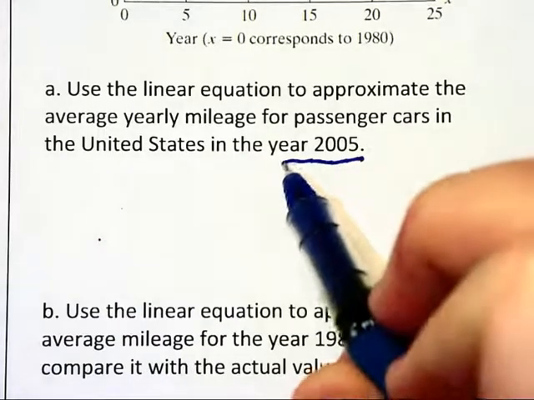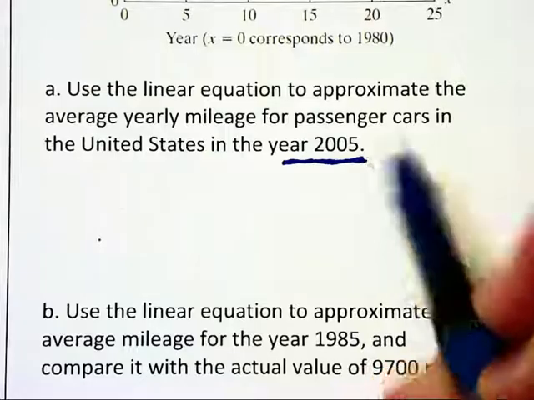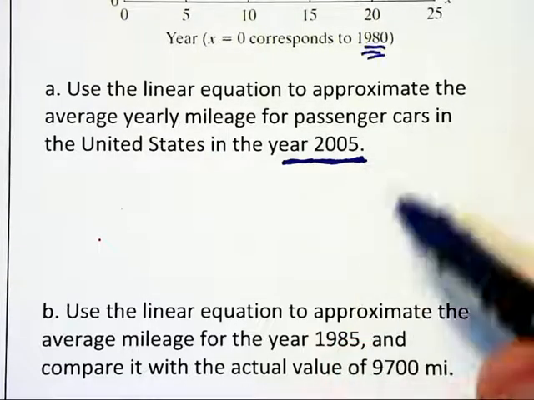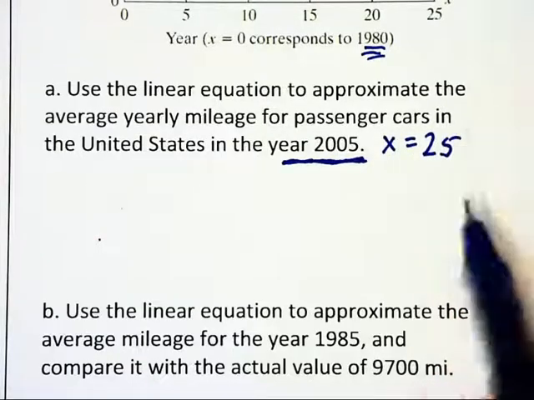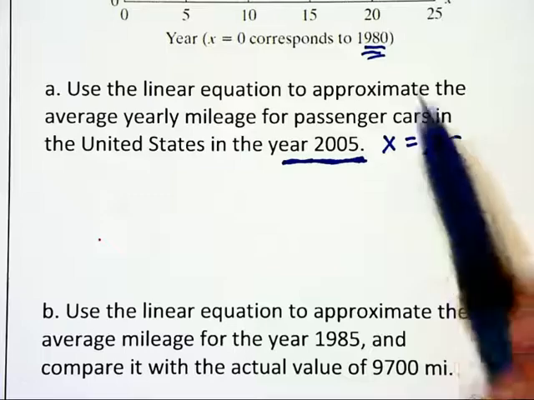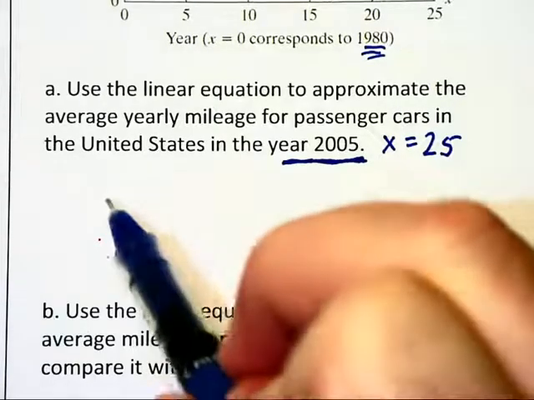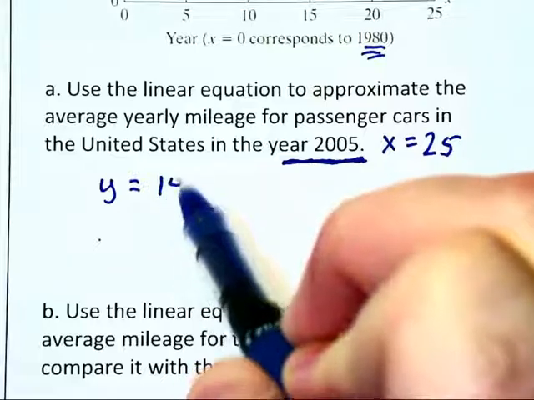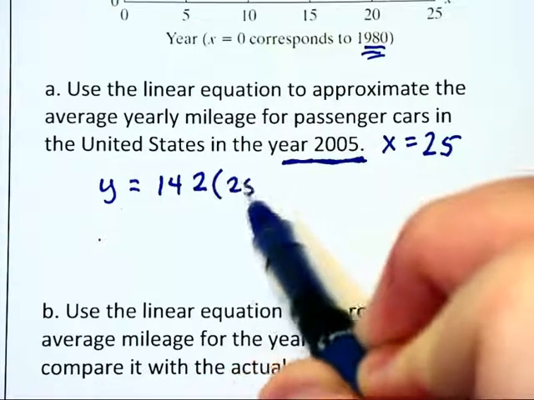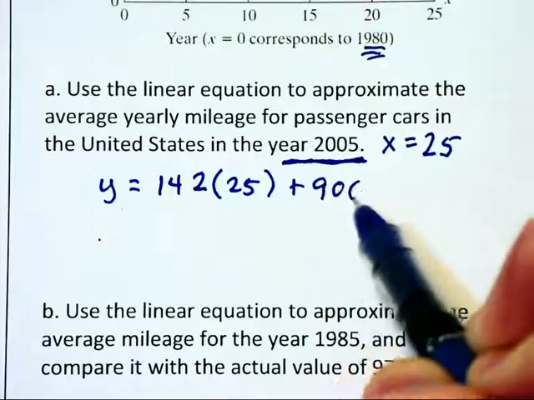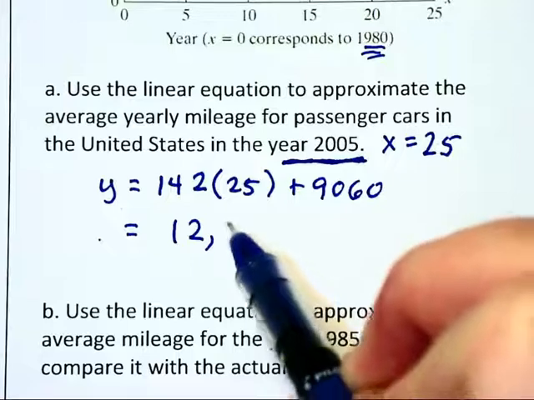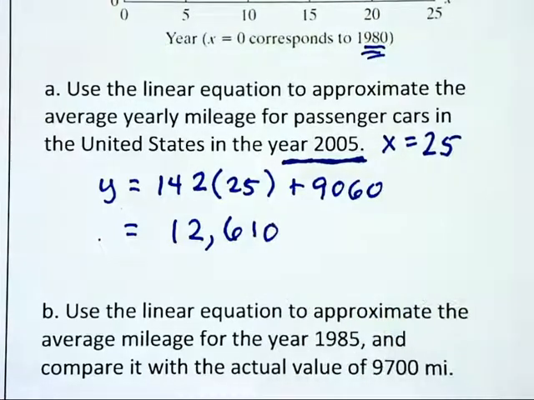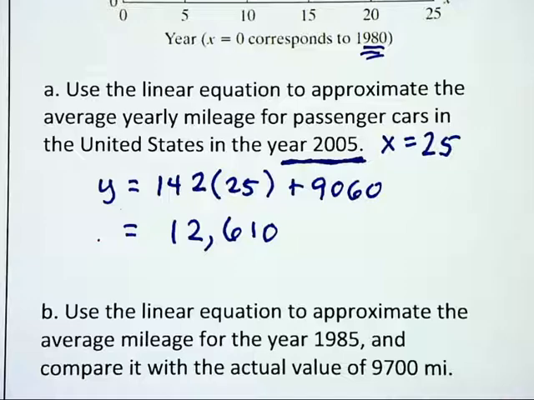Now they want us to use the equation to approximate the mileage for the year 2005. Notice that we are going to have to use x equal to 25 because 2005 is 25 years after 1980. So we are going to substitute that into the given equation, 142 times 25 plus 9,060. And I've already done that ahead of time to find out that the value will be 12,610. And that will be the predicted or approximated average yearly mileage for the car.